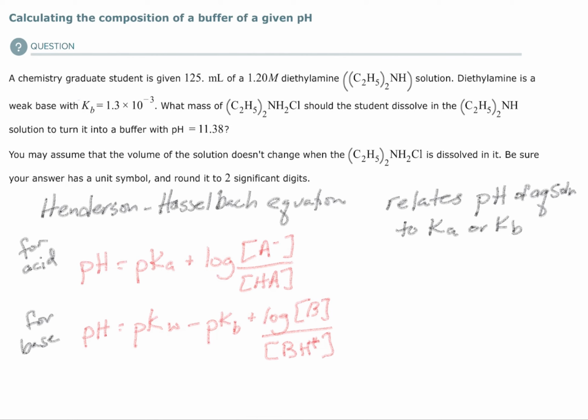It'll be pH equals pKw minus pKb plus the log of whatever base you're given divided by the conjugate acid, in which case you have to add a proton to it, so the charge will go up and you'll have an H there that you didn't have before.